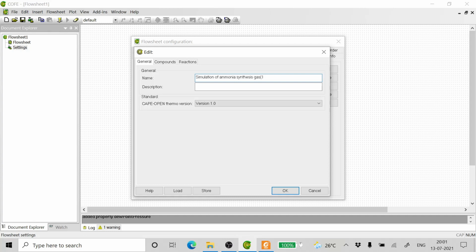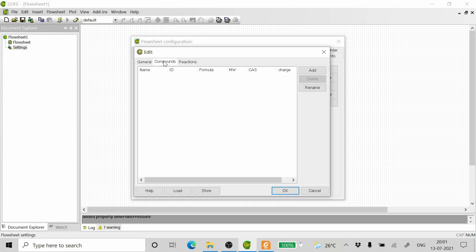I would like to give it 1 in case there is any problem with clash, because I may have put this property package earlier. Then we go to the compounds.